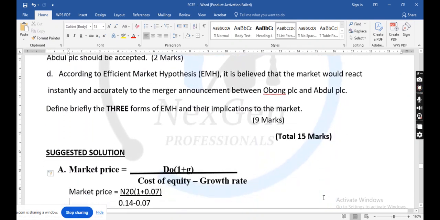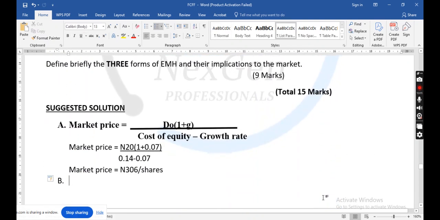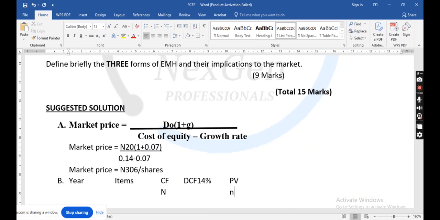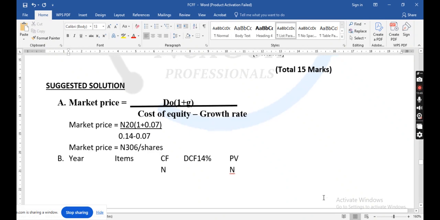Dividend. Okay, how do we normally do this? We have year, items, the cash flow, the DCF, which is 14%, the PV. So it will increase.